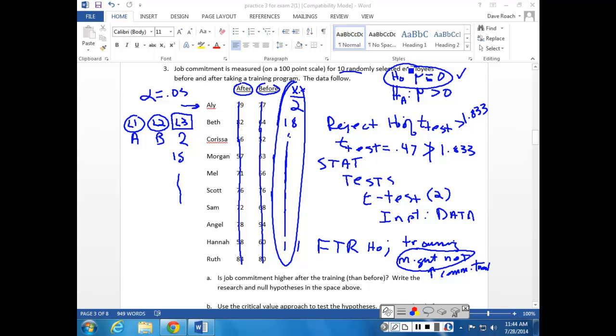So what makes this a matched pair test is that each row here is one person. But again, if this person is Mel and this one is Jack, those are two separate groups. And it would be an independent samples t-test. And if that were the case, then these numbers are the numbers that you would pay attention to.